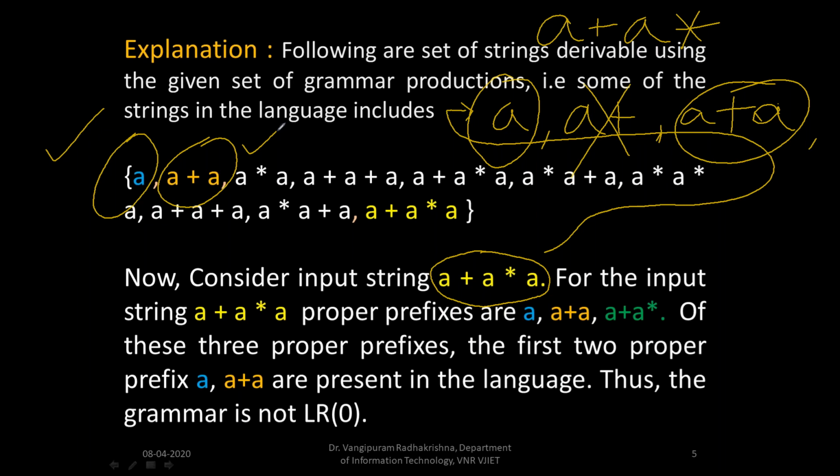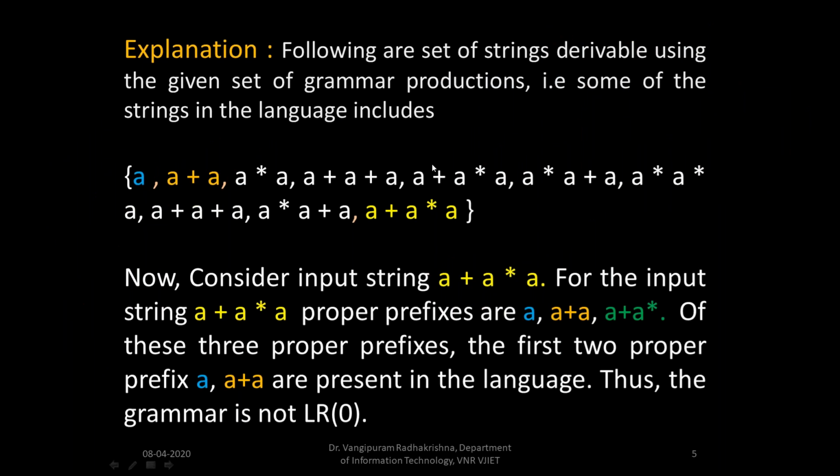That is, A plus A is a member of the given language. Since you have proper prefixes, A and A plus A, in the given language itself, this grammar cannot be LR(0). So this is how you prove whether a given context-free grammar is LR(0) or not.